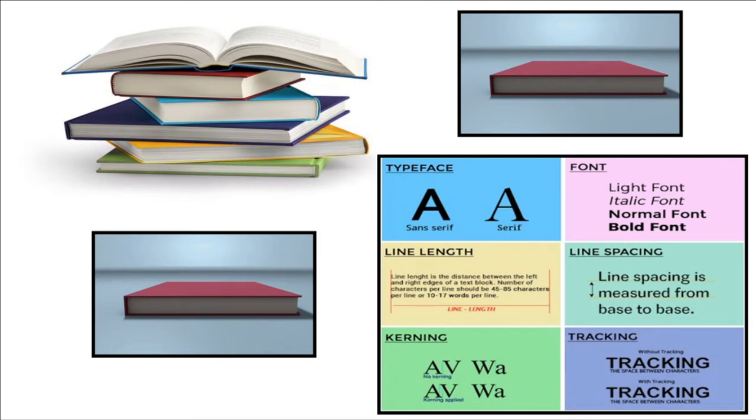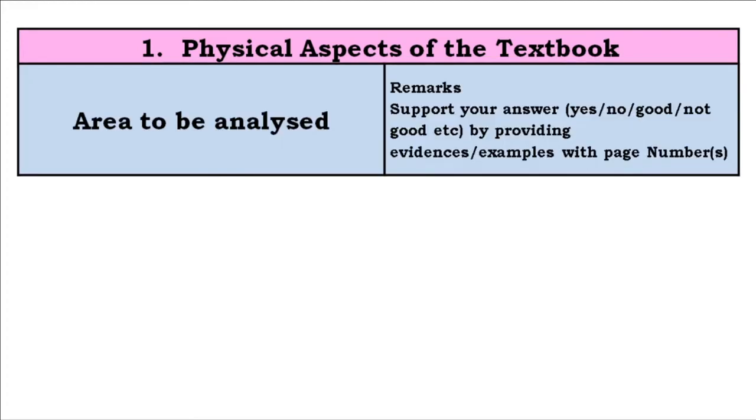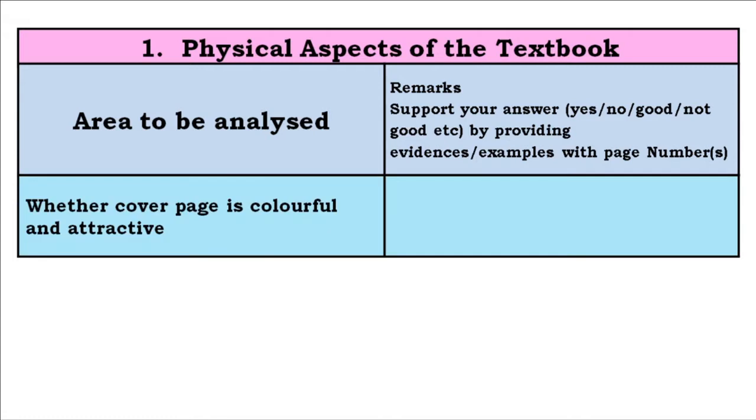Now, let us discuss the first component or aspect while analyzing a textbook. That is, the physical aspects of the textbook, and the area which needs to be looked at and analyzed carefully is whether the cover page is colorful and attractive.